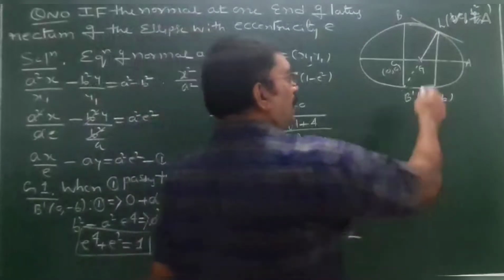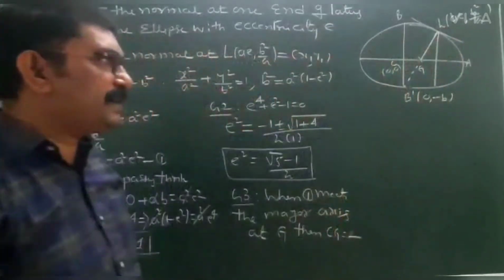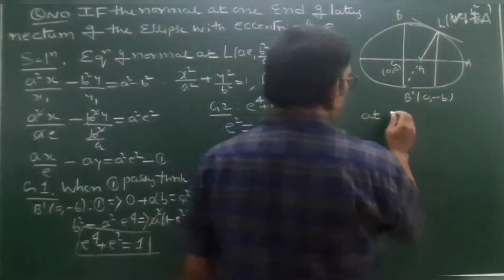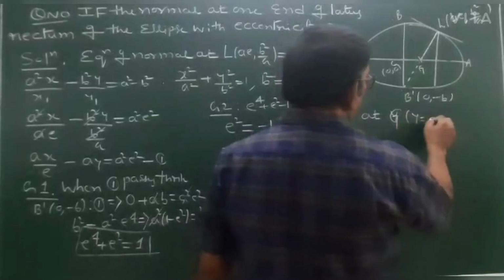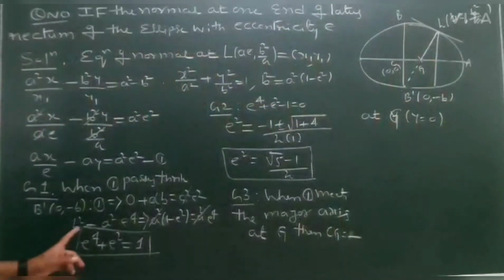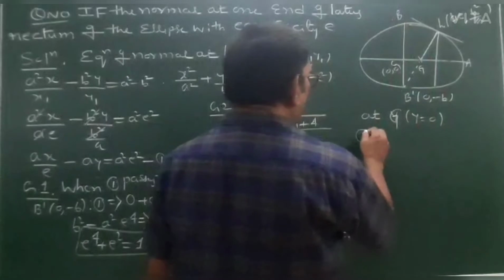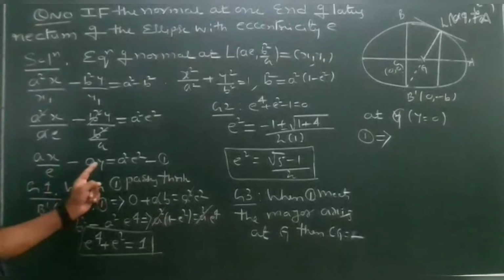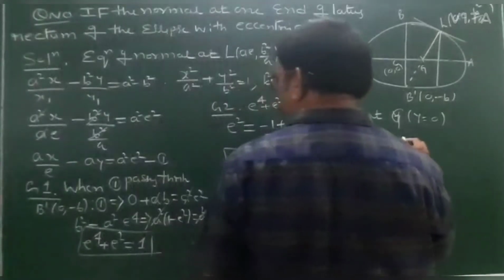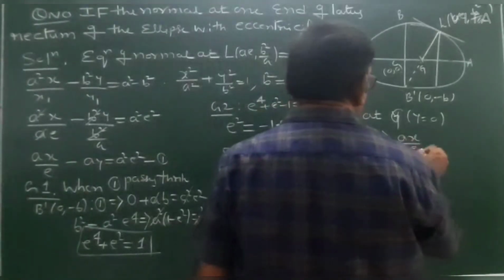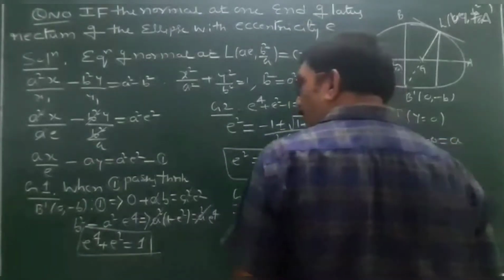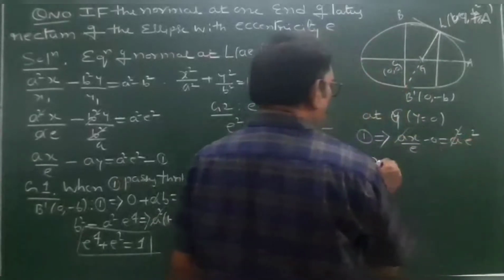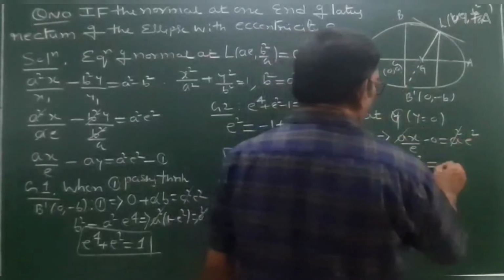When the normal drawn at L meets the major axis at G, at G I can write y = 0. When y is equal to 0, from 1, that is x/a minus ay is equal to this, this becomes x/a − 0 = a²e². The a goes with this one. x is equal to what? ae³.